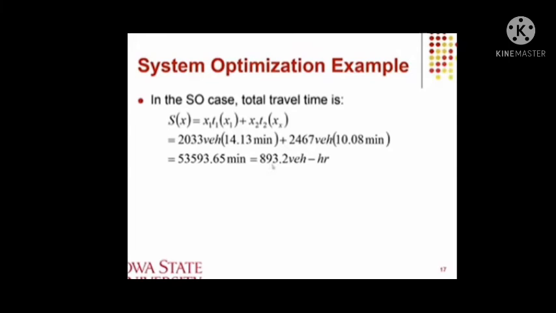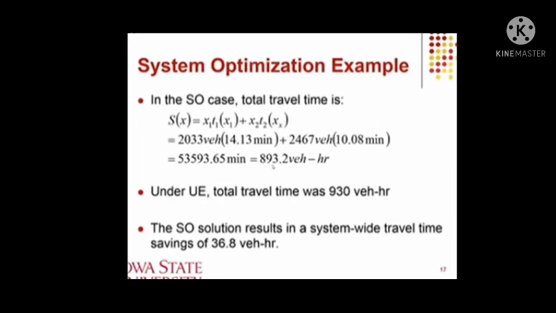So 233 vehicles times 14.13 minutes. Then the other system, which is 2,467 vehicles times the time, which is 10.08 minutes, with a total of 893.2 vehicle hours per hour.